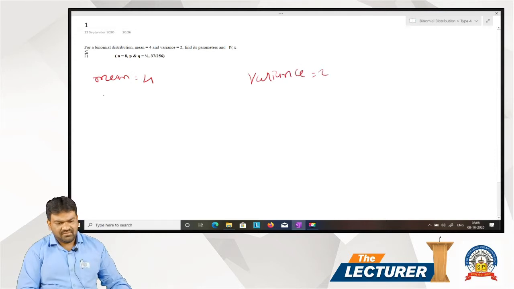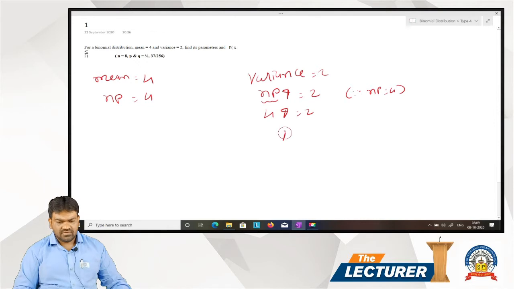So mean means np, np is equal to 4, variance means npq, npq is equal to 2. Here np is given, put np is equal to 4, so 4q is equal to 2, q is equal to 2 by 4, q is equal to 1 by 2.